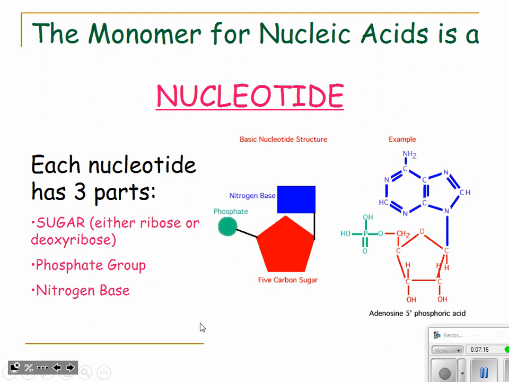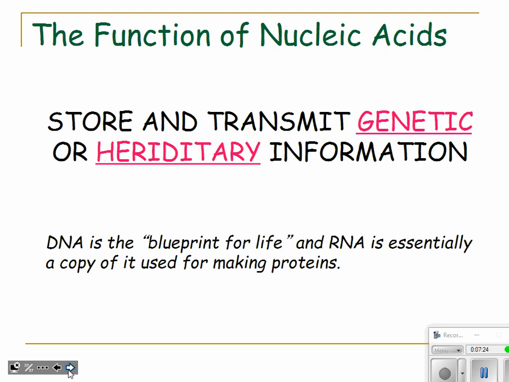But nonetheless, this is a monomer of the nucleic acid, which is what we call a nucleotide. Once again, we stated the function is genetic or hereditary information. The blueprint of life is your DNA.